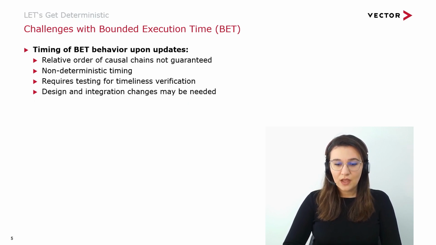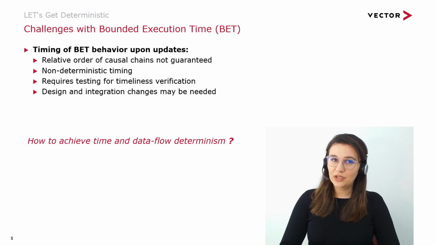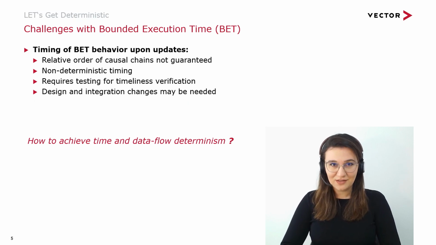As such, upon those changes, as we saw, we cannot predict the impact. Therefore, we would need to retest the system to see if it is schedulable and if the timeline is verified. And maybe there are changes needed in the design and in the integration. So the question remains: how can we achieve time and data flow determinism?